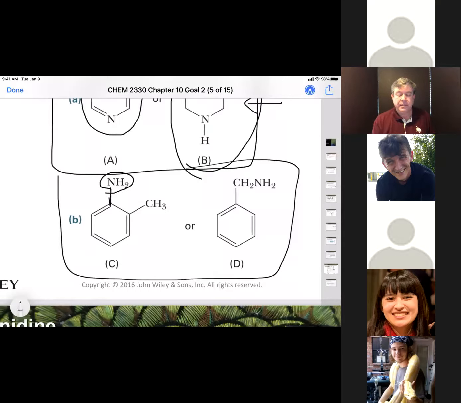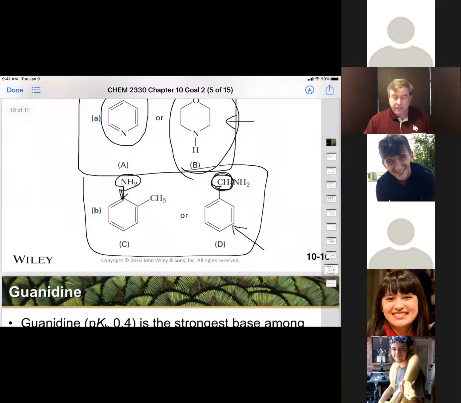The amine is attached directly to the ring here, making it an aromatic amine. The amine is attached to this CH2, making it an aliphatic amine, which means this is going to be the stronger base of the pair. Okay, so this is a benzylamine. We have that CH2, that sp3 hybridized carbon, making it a stronger base.